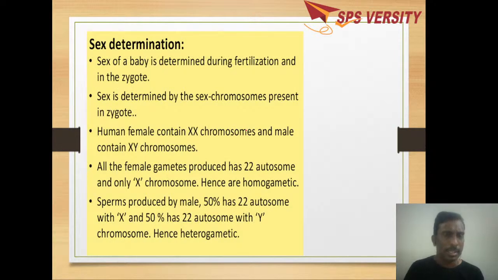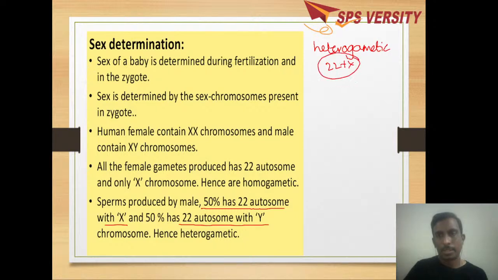Here you can see the sperms produced by the male: 50% have 22 with X chromosome, 50% have 22 with Y chromosome. So in males, there are two types of gametes. That's why it is called heterogametic. Hetero means different. But in human females, it is homogametic.